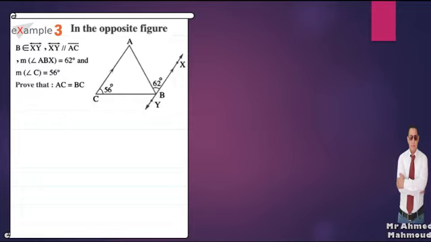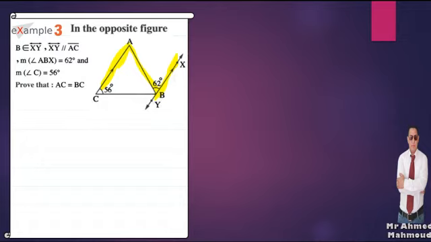Now we have here also two parallel lines. As we see here, XB parallel to AC. If we connect them by this transversal, we get a Z shape.